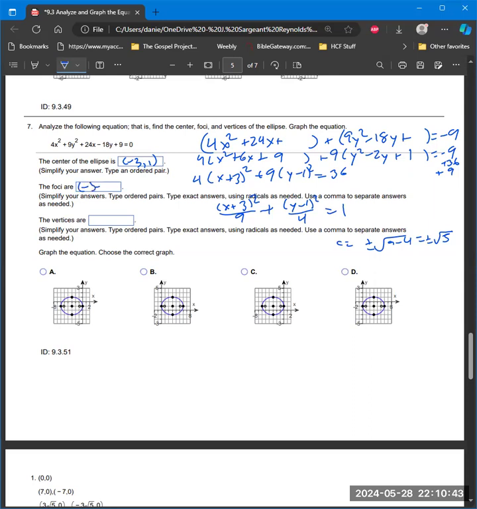So this is -3 minus √5, 1, -3 plus √5, 1. And then the vertices are going to be plus or minus 3 from the center. So -6, 1, 0, 1. Let's go ahead and look here, and -3, 1 for the center, 0, 1 is one of the vertices there. That's C.